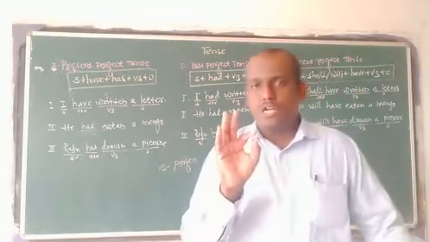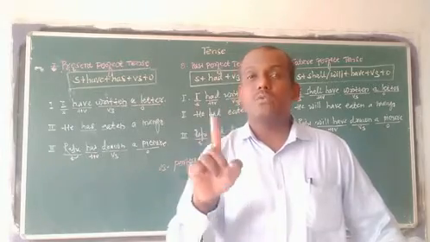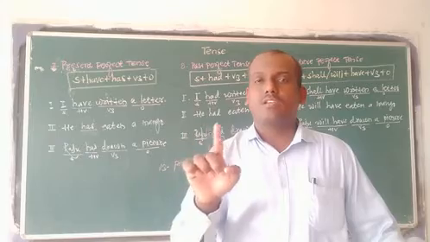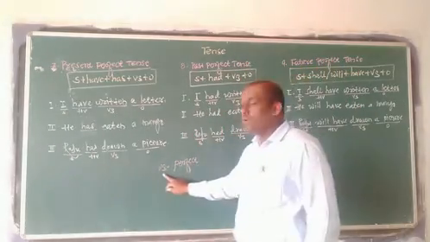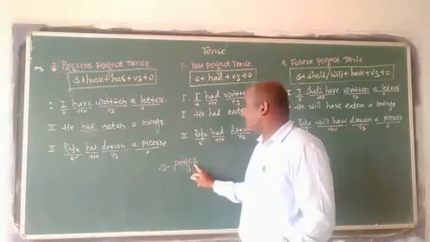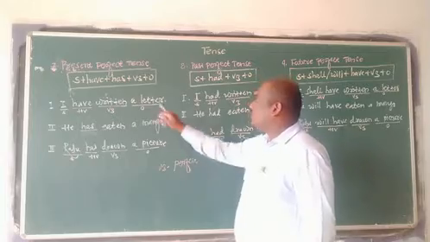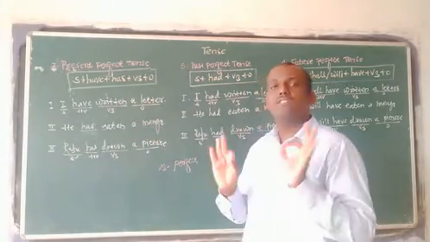So the chart was there: V1 is simple, V2 is past, V3 is perfect, V4 is continuous, and V5 is also simple. So V3 always tells us that the tense is in perfect manner. If there is V3, the tense is perfect.